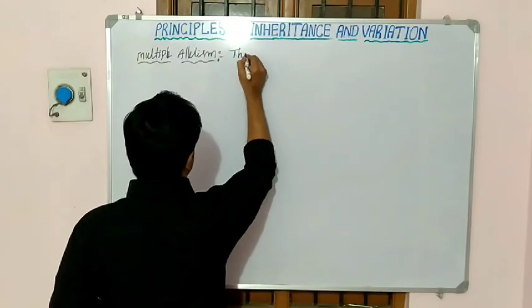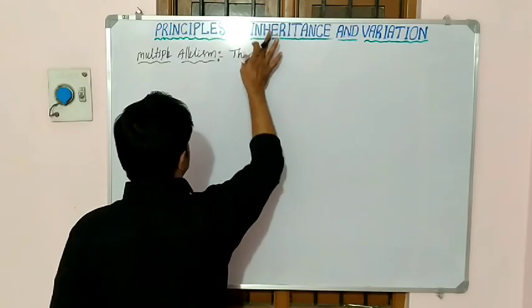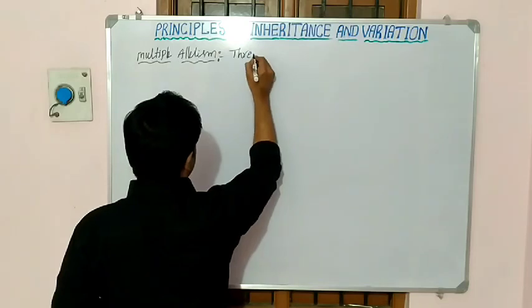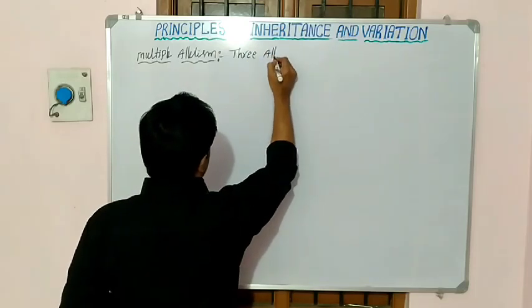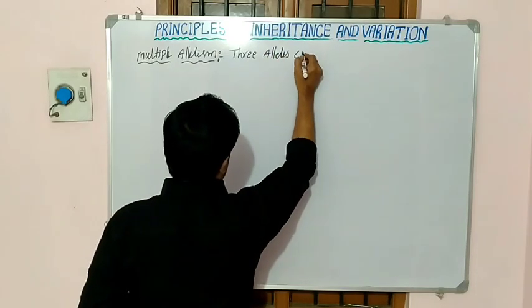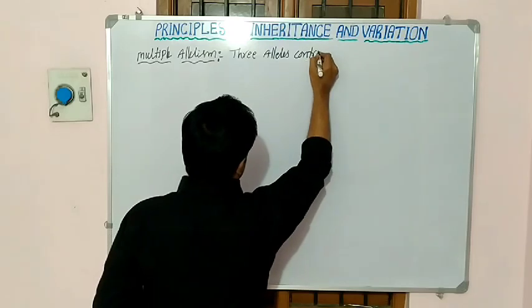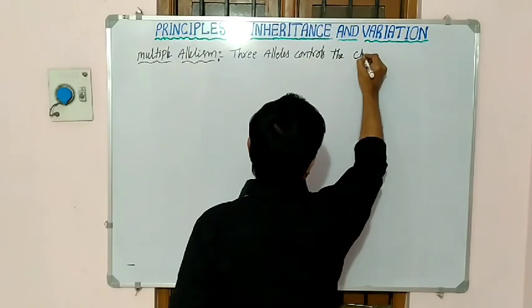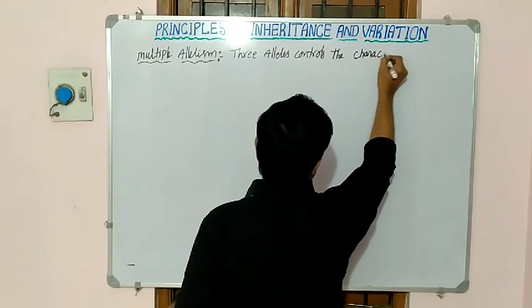See, what is multiple allelism? It means three alleles control the characters.